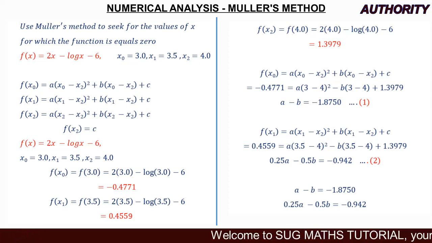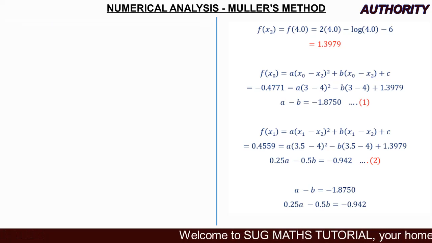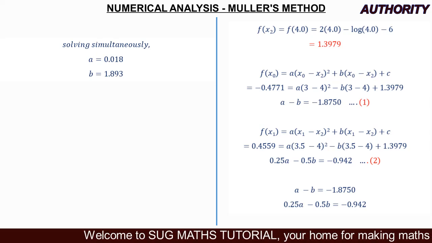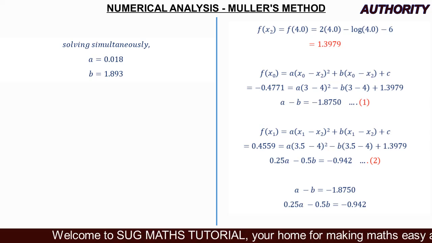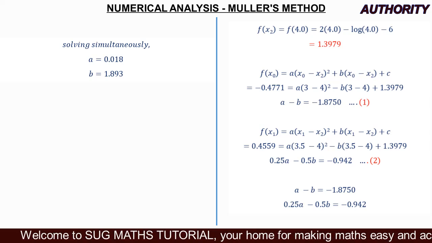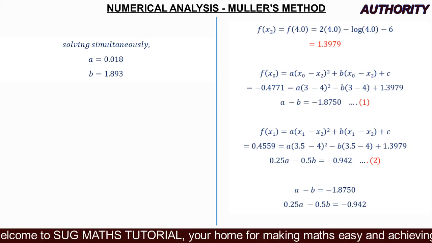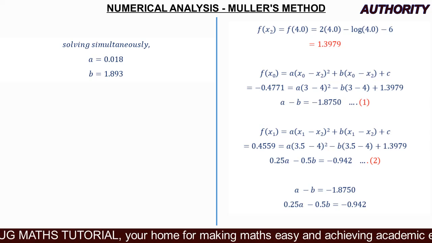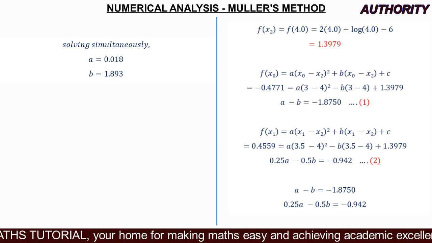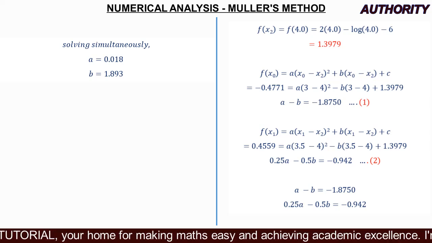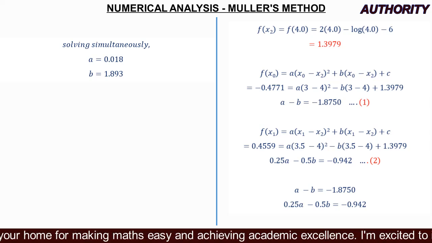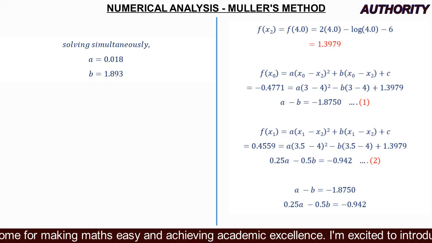So solving these two equations simultaneously, we obtain that a is equal to 0.018 and b is 1.893. You remember that we have found what c is earlier, and c happens to be f of x2.